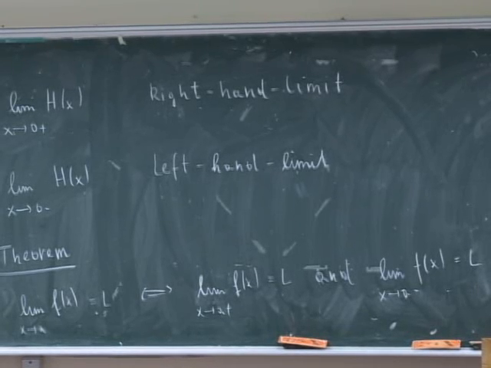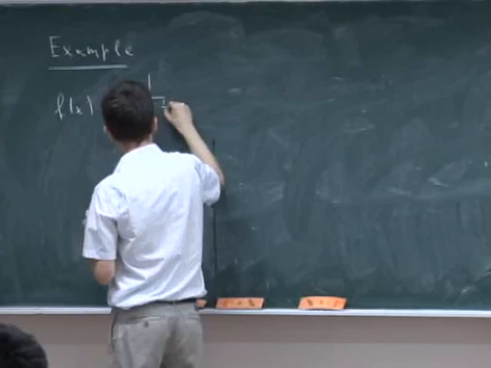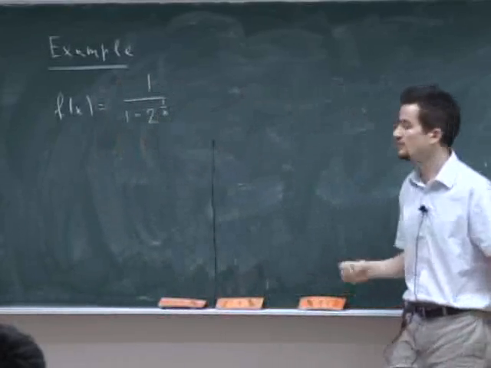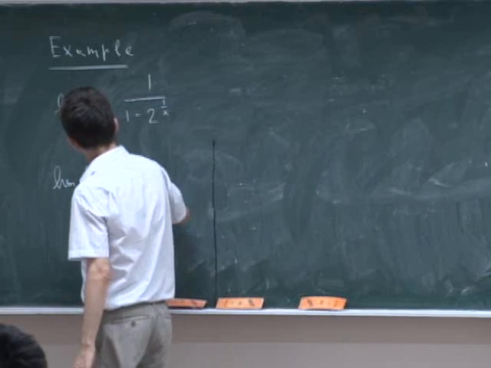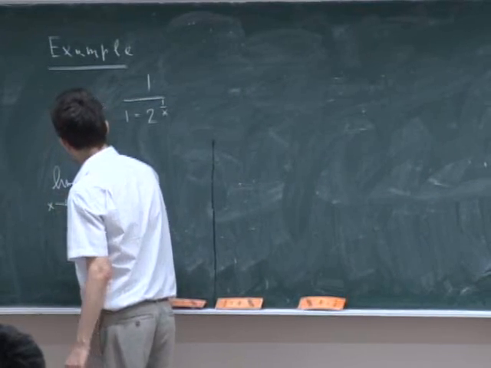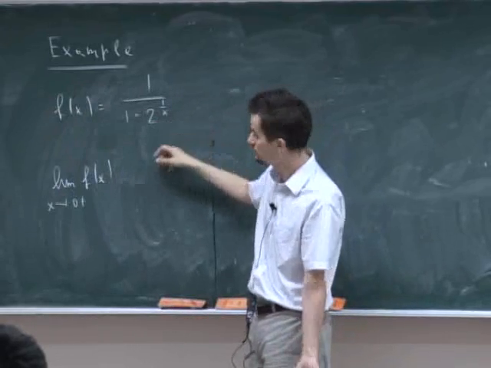So for instance, another example would be this function here, 1 over 1 minus 2 to the 1 over x. Maybe this function is a little bit more interesting. Here you see that if you approach 0 from the right, because this is getting larger and larger, what you get is 0.